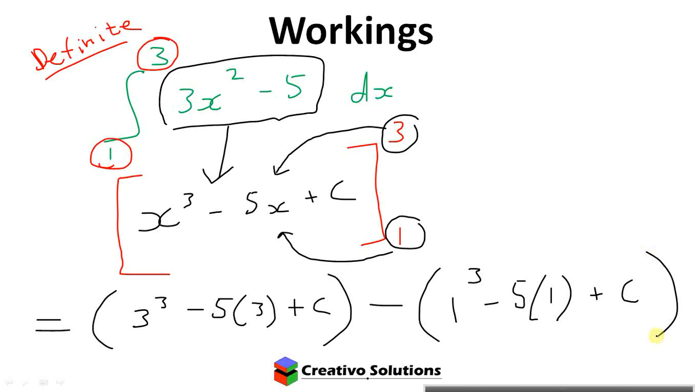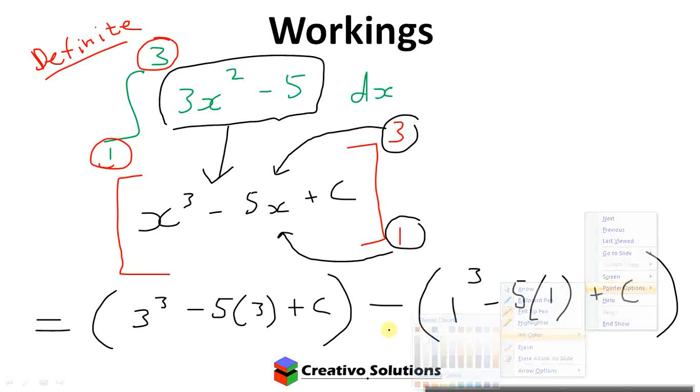That's what that means. So step number 1, just do the normal integration. Step number 2, the number at the top minus the number at the bottom. Okay, can we solve that? Yes, we can.